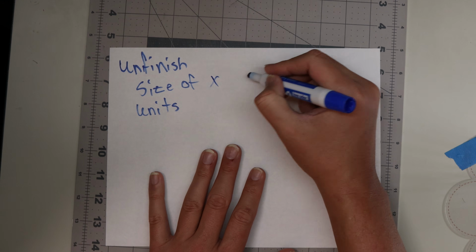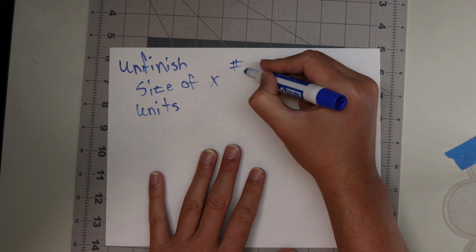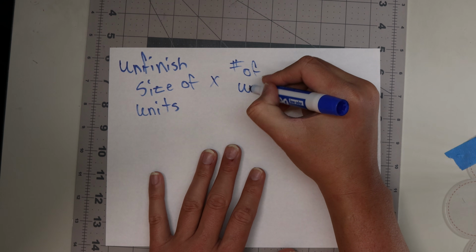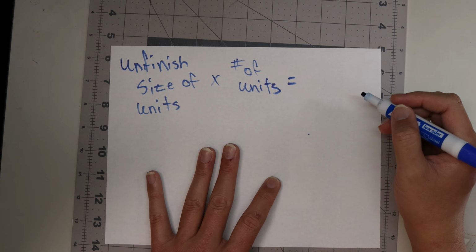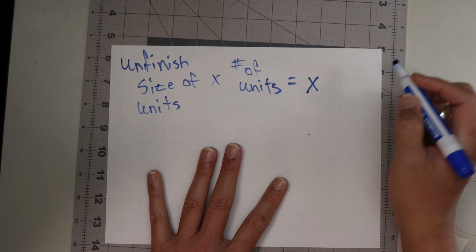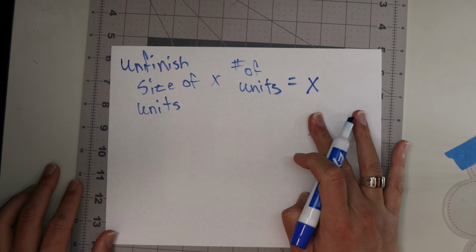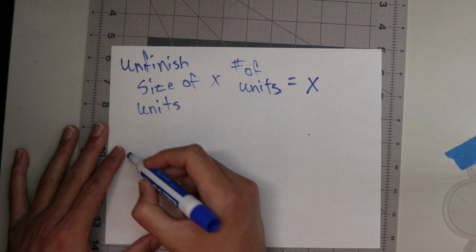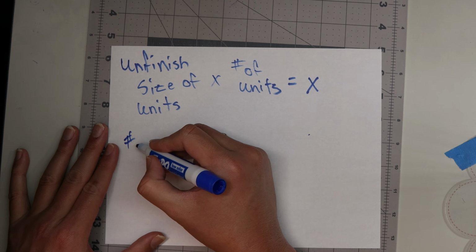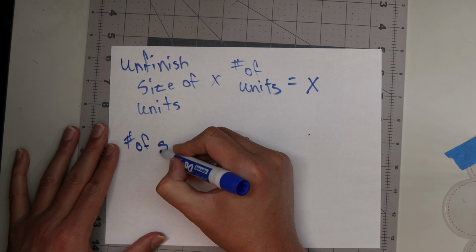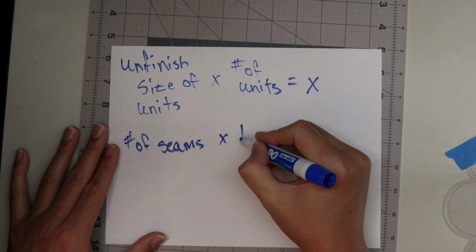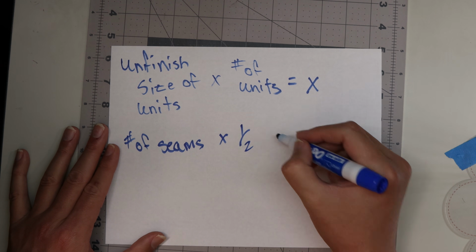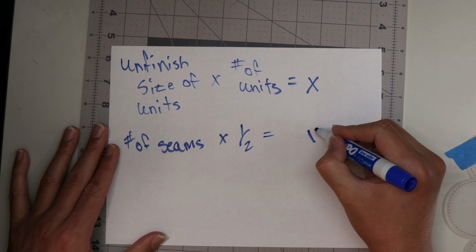Multiply that by the number of units, and you'll come up with a measurement. I'm just going to call it X for now. Now take the number of seams, multiply that by 1/2, and you'll come up with a different number.